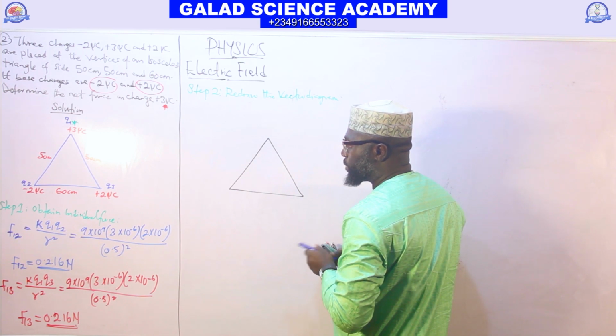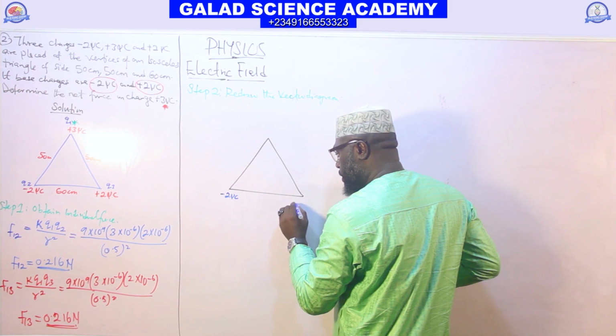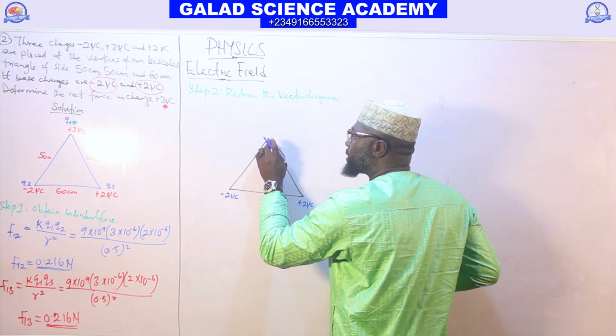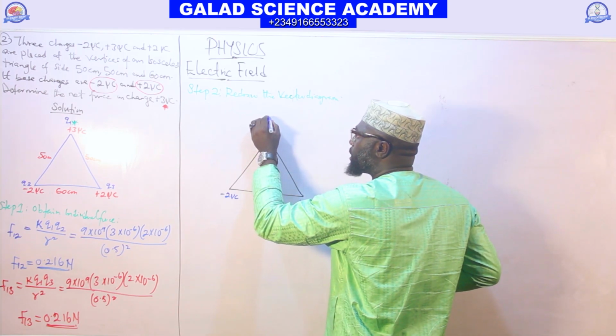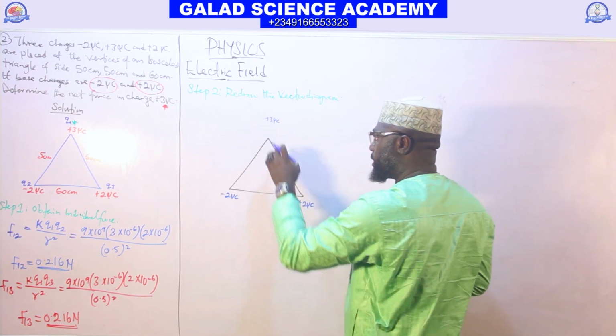In this form, here we have -2 microcoulomb, we have +2 microcoulomb, and this side is +3 microcoulomb.